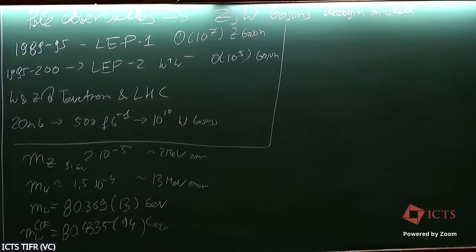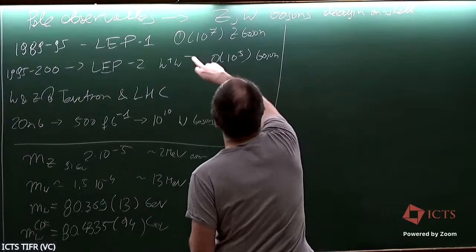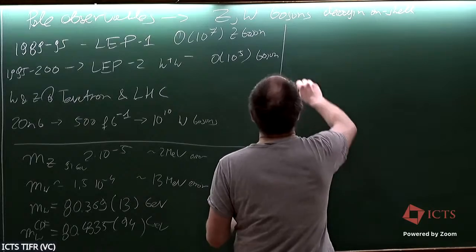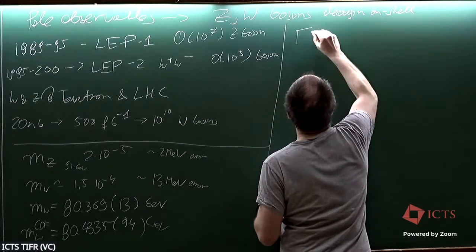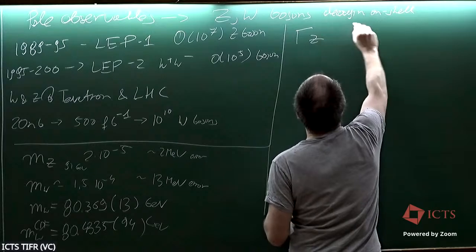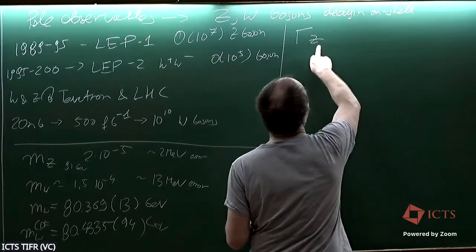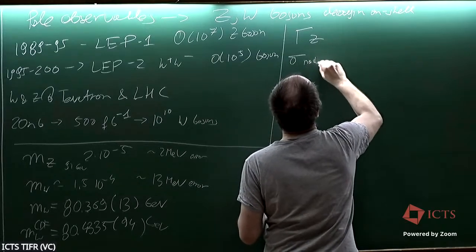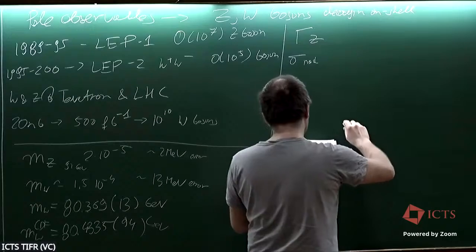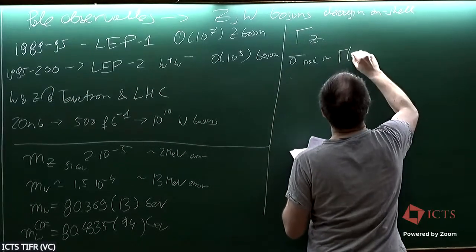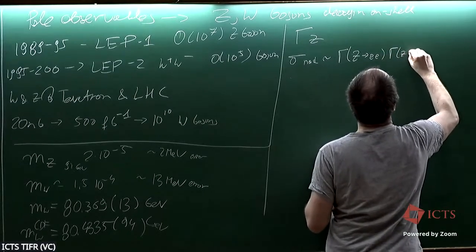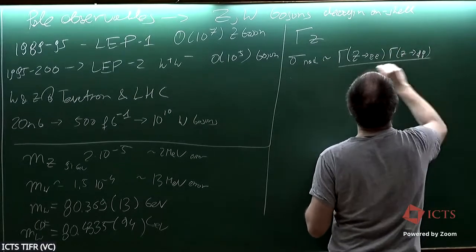So these are the masses, and except for the masses, we have measurements of different observables with more or less per mil precision. So this is the total width of the Z boson. The hadronic cross section, which is proportional to the partial width into electrons times the partial width into quarks, divided by the total width.